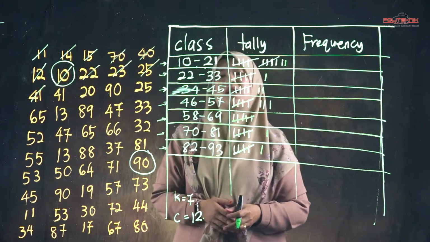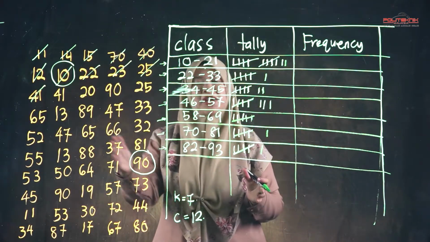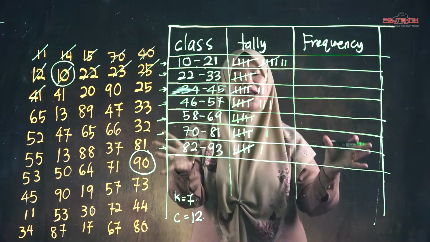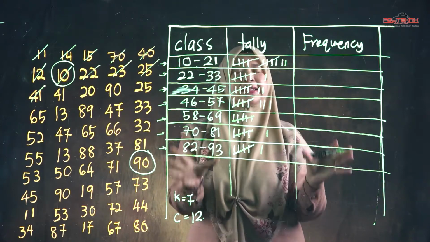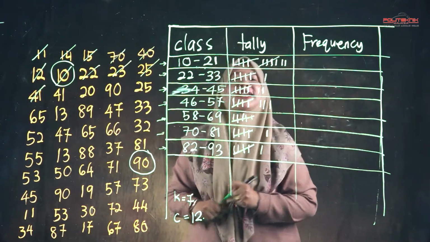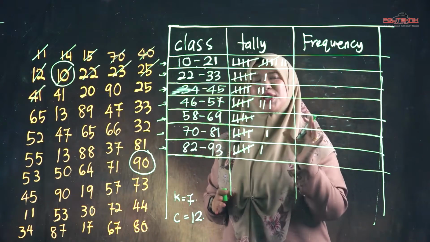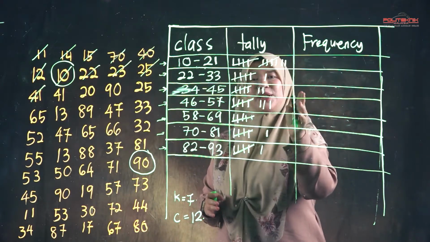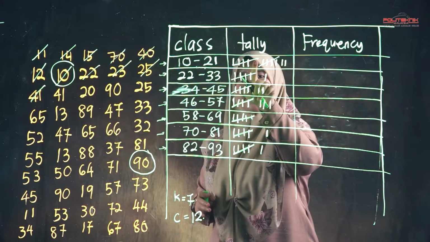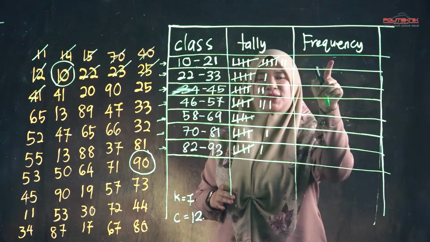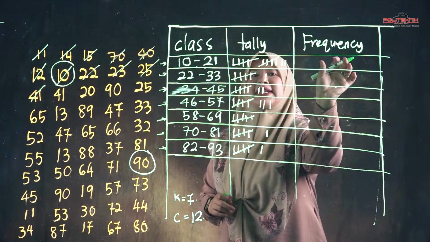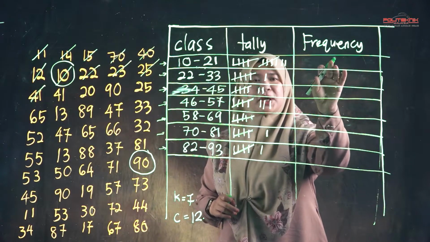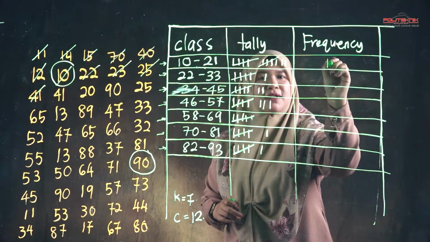Okay, I have just finished transferring my data into my frequency distribution table as shown here. The last step is we need to count the tally and write down the total over here. The first class frequency is 12.